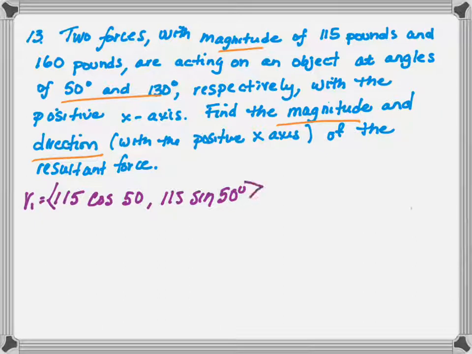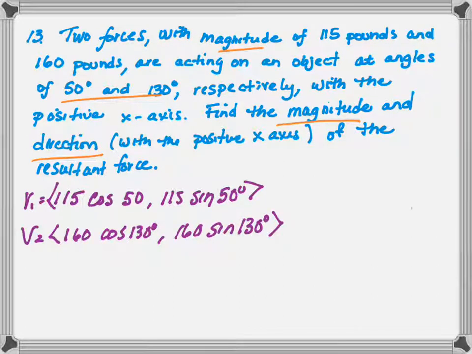And vector 2 would be 160 cosine 130 degrees and 160 sine 130 degrees. Okay, so now you're going to add the two vectors together. So V1 plus V2 is equal to, and if you get your calculator out, you can use that.